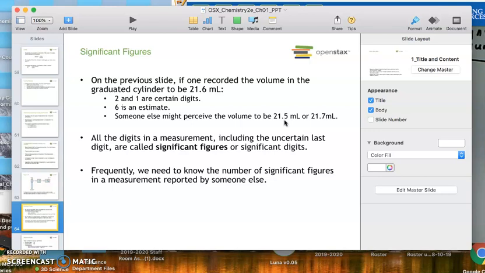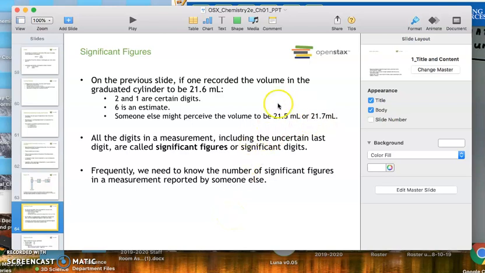And so, when you're producing scientific data, you have to report your numbers and also report the level of your precision using your instrument. And so you have to know the rules of significant figures. So we're going to learn how to figure out how many significant figures there are.